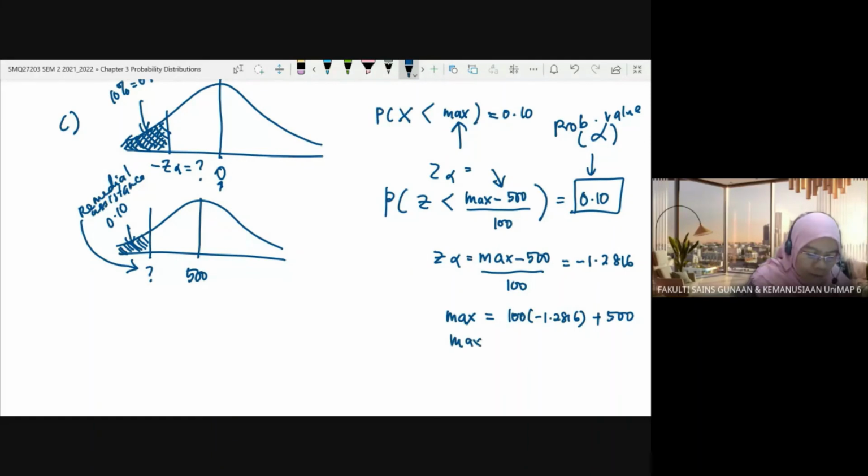So what is the max value here, class? Can someone please calculate? What's the max value, class?